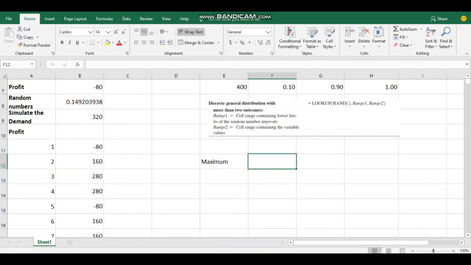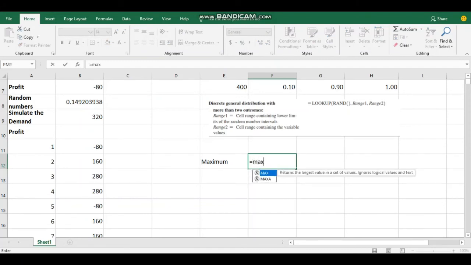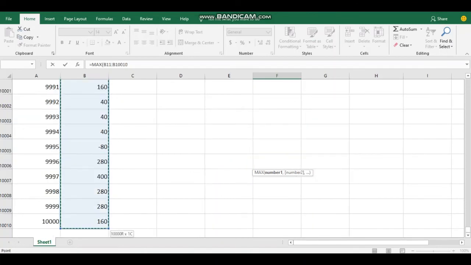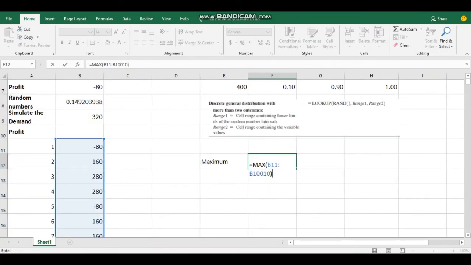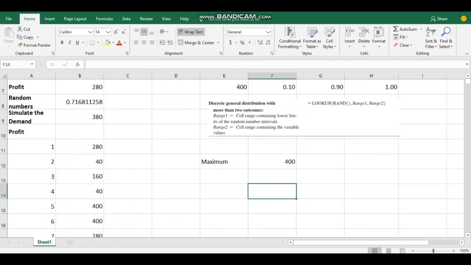What is the formula for maximum? Very simple, is equal to MAX, of from here to down, control shift down, and control enter. So maximum is 400. What is the minimum?